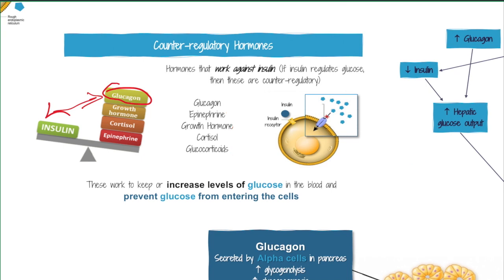So for me, I find it easier to go through insulin, make sure I know exactly what insulin is doing, what the point of insulin is, and then I can go from there in terms of figuring out what the rest of these hormones do.